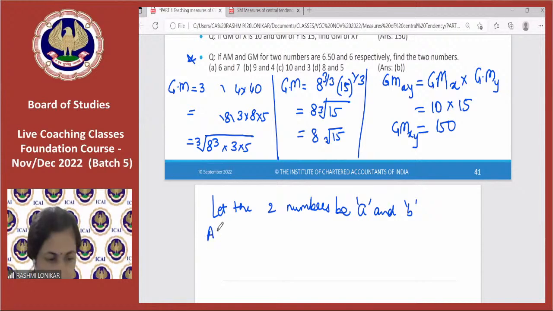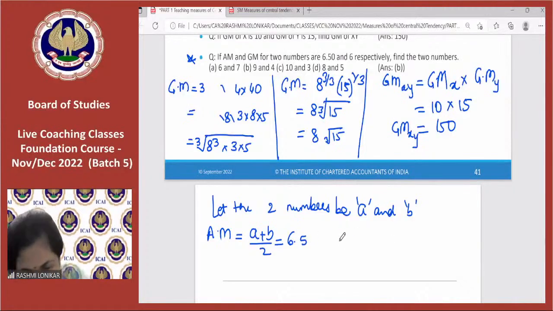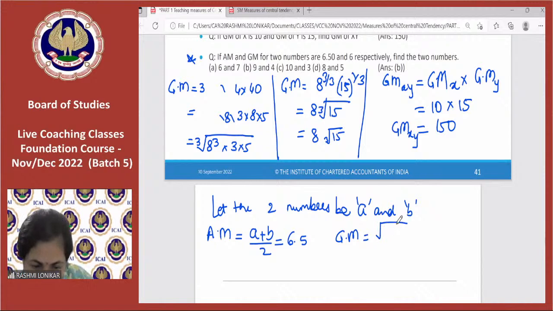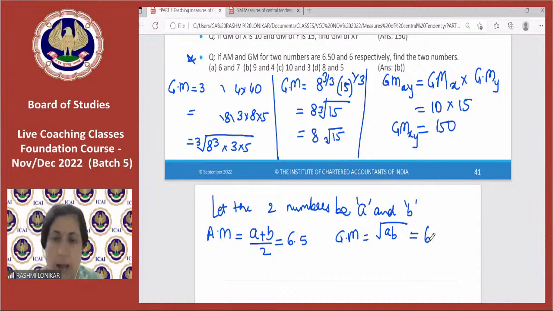Arithmetic mean. How do I calculate arithmetic mean? It will be A plus B upon 2, which is given to me as 6.5. Geometric mean, because there are two numbers, will be the square root of A into B. This is given to me as equal to 6. Now I have to find the numbers.